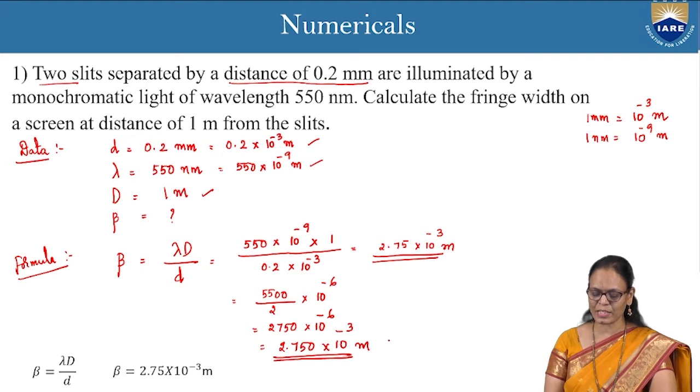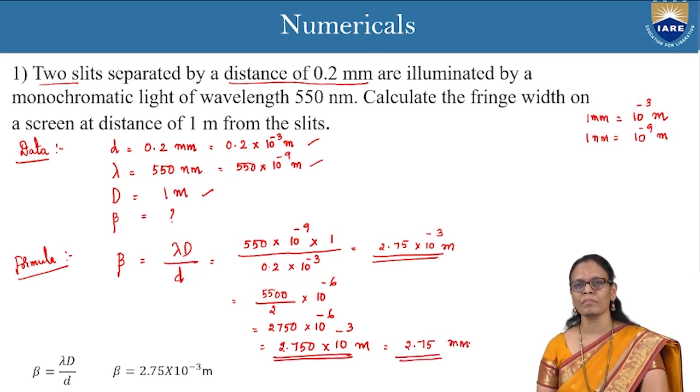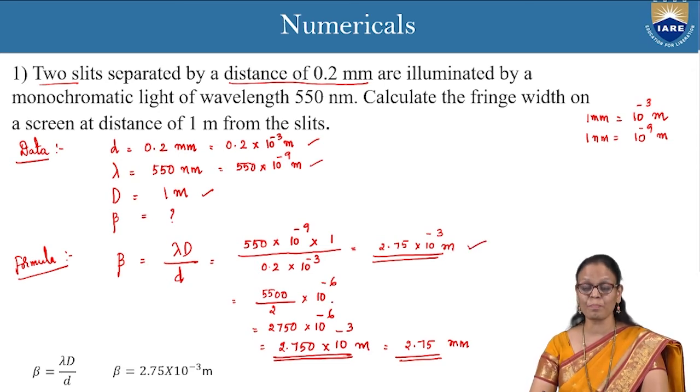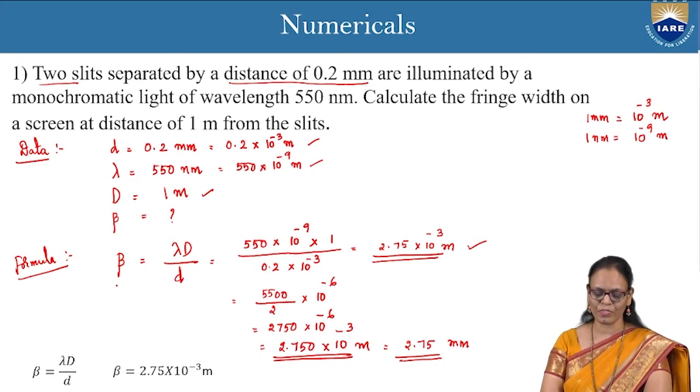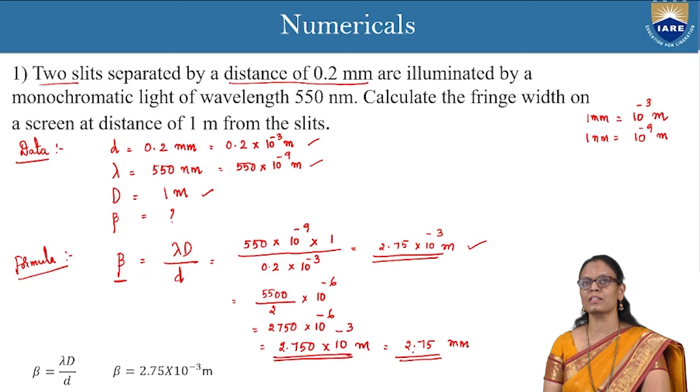And 10 power minus 3 meter is nothing but 1 millimeter. So I'll write it as 2.75 millimeter. You can directly use your calculator and get the answer. But if you have to simplify, you need to know the conversions and how you simplify it. So the fringe width is given by 2.75 millimeter.